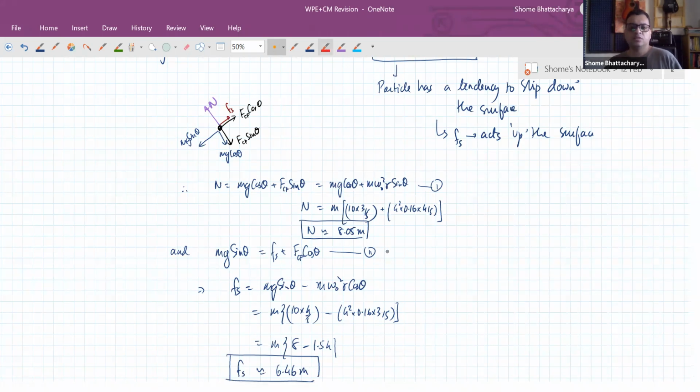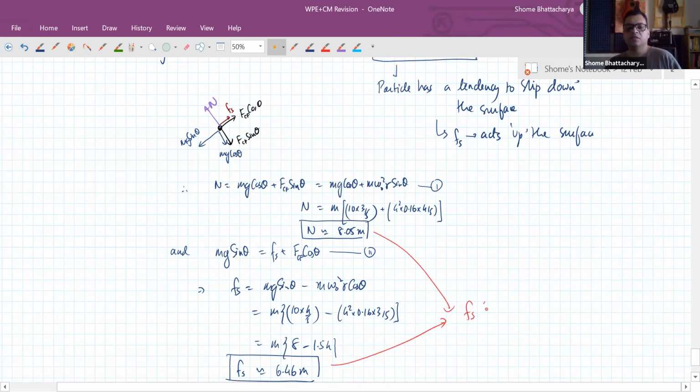And now connecting these two, we can see the limiting value of μs needed. So static friction should not exceed its limiting value. So 6.46 m should be less than or equal to coefficient of static friction into 8.05 m.